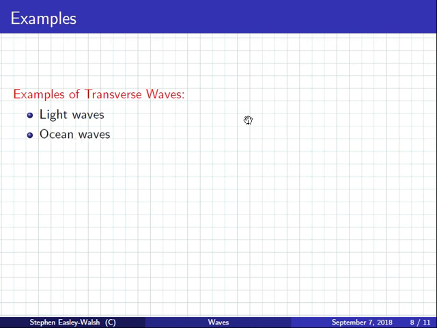What I mean, you know, when you're at the beach and you see the wave on top of the ocean moving across, up and down, up and down, up and down. And then, you know, if you have a guitar, the instrument, and you pluck it, the wave moves up and down as well. So these are examples of transverse waves. In the exam they might say, you know, a typical question might be, what is a transverse wave, and give an example. Something like that.